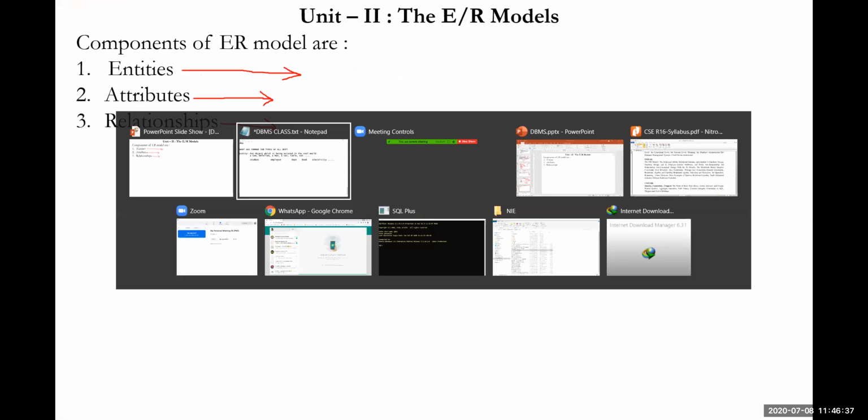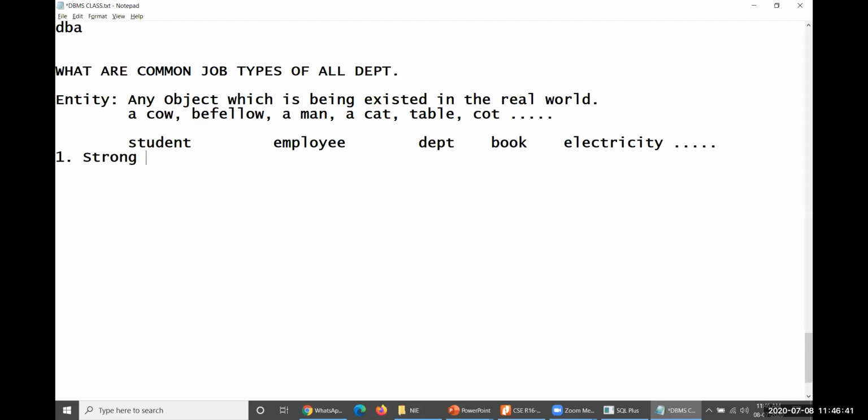The first entity type is the strong entity, the second one is the weak entity, and the third and very important one is the associative entity.